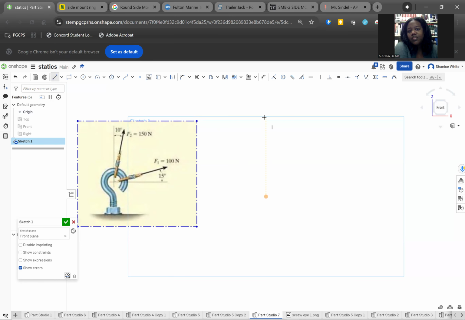So I am going to just put in my forces, which will be my y and x axes. And then I have F1 here and F2 here. So I'm going to give these dimension and direction as shown in the problem.